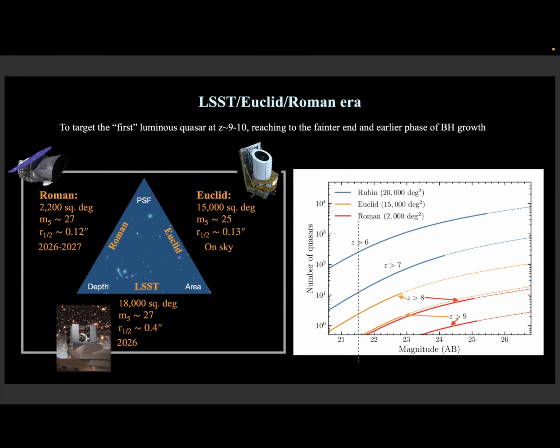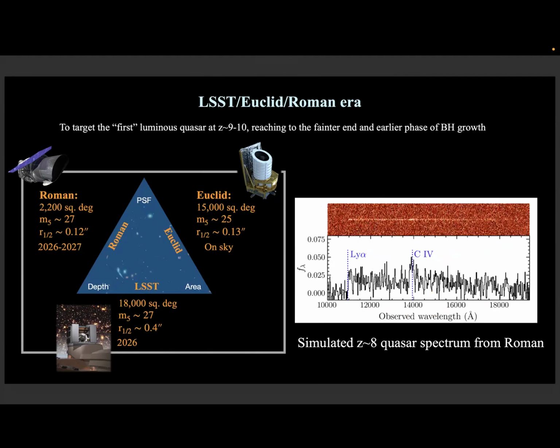Essentially, if we reach redshift 9 or 10, it's really the first quasars and the really early phase of supermassive black hole growth. And we can increase the number of known quasars by more than 1 order of magnitude.